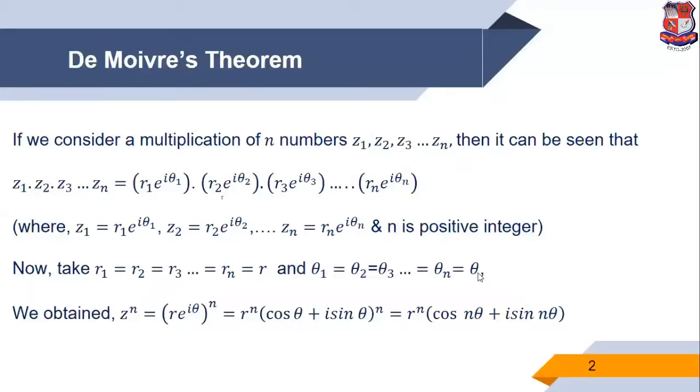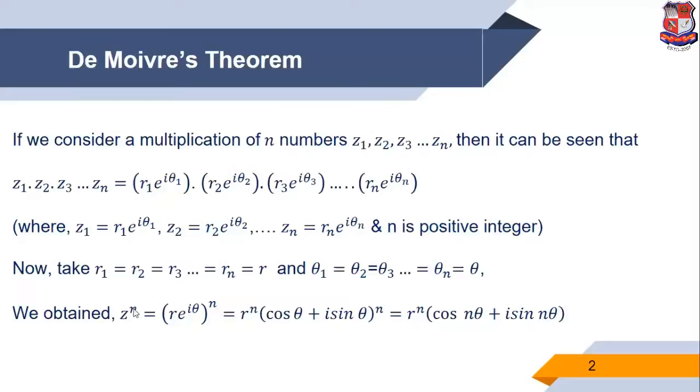Then we obtain z1 is z, z2 is z, z3 is z, zn is also z. So z is taken n times, so we write z raised to n. So z raised to n is equal to r e raised to i theta, all raised to n, so r also n times, e raised to i theta also n times.